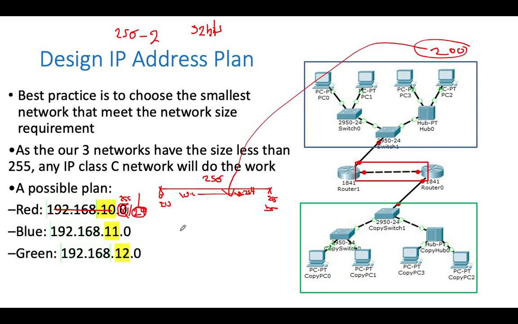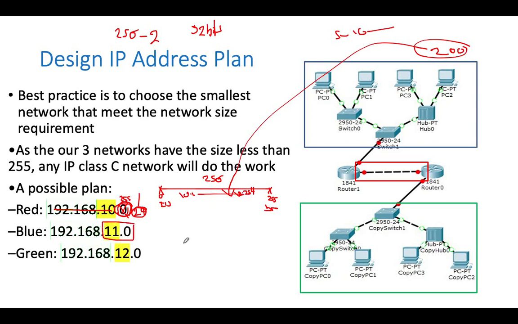But what if I need more than 500? What about more than 1000? What can I do at that time? Instead of taking just one byte, start moving into taking 2 bytes.